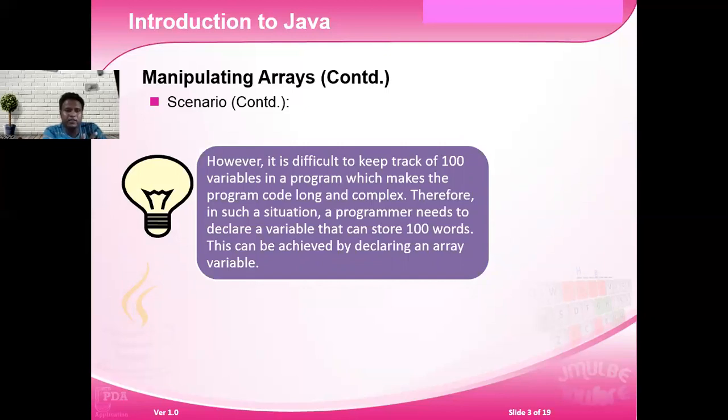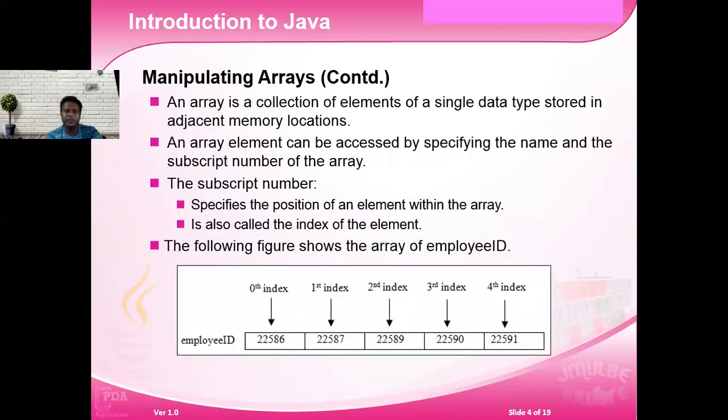So therefore, in such a situation, a programmer needs to declare a variable that can store 100 words. Means in a single memory location, you have to store all the values. So this can be achieved by declaring an array variable. So what is that array? An array is a collection of elements of a single data type.